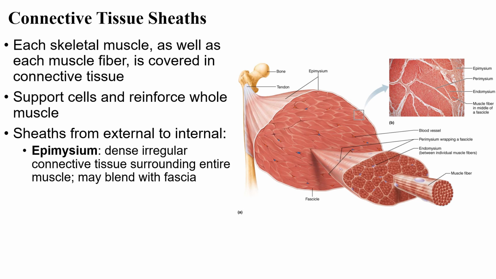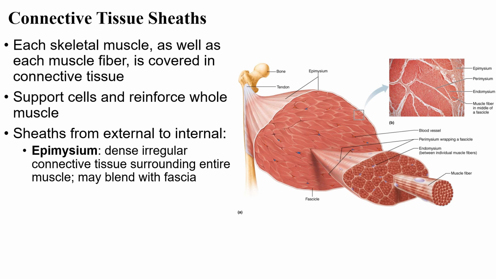Okay, so epimysium is going to be this most external type of connective tissue. And again, remember, we've talked about lots of different connective tissues, but epimysium, so we have that mys, which means muscle, is going to be a dense, irregular connective tissue, and this is going to surround the entire muscle.